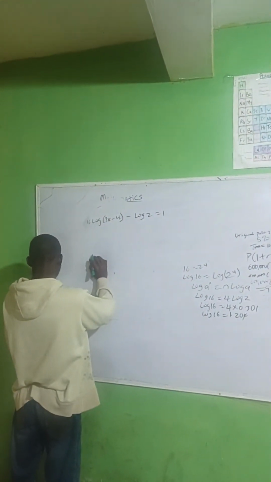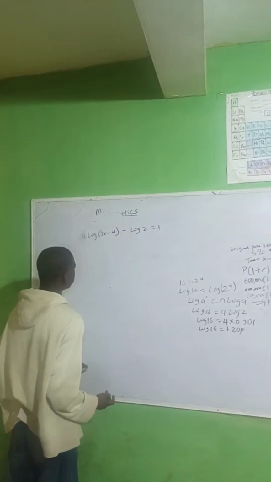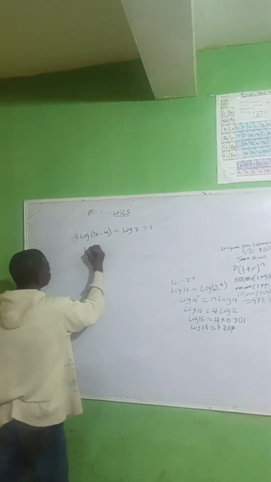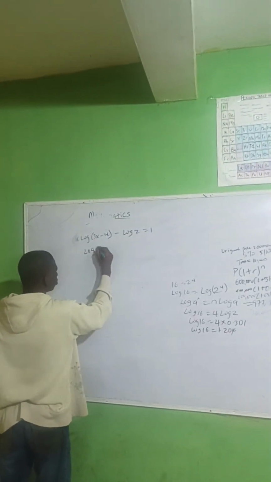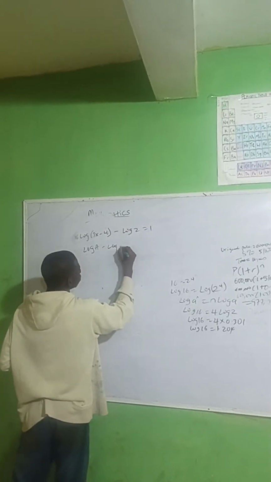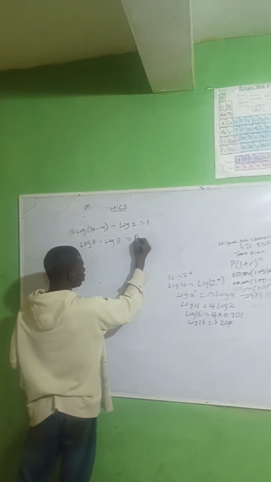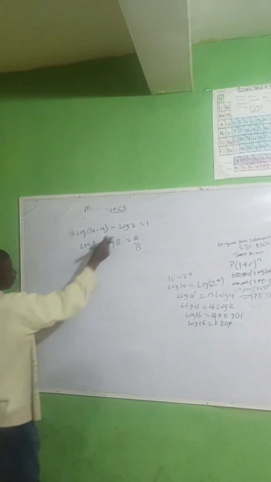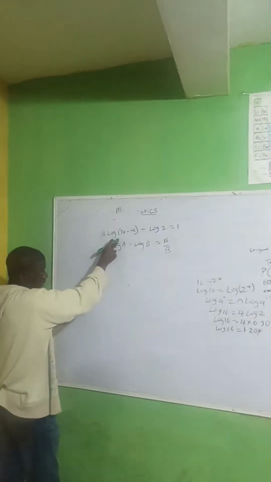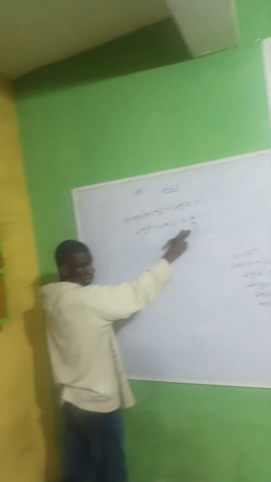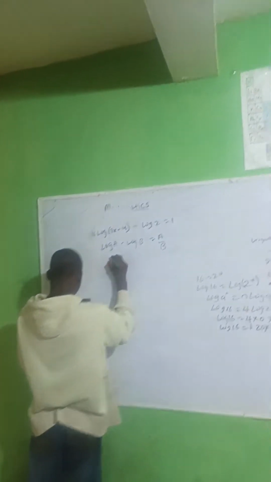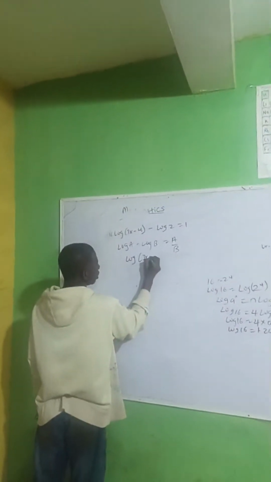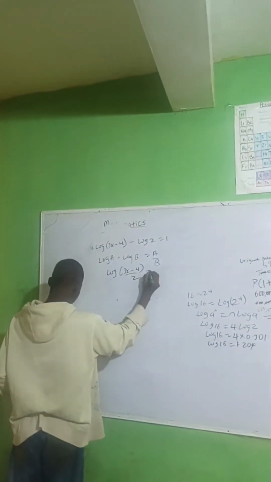So now we combine the logarithms together. There's a rule of logarithms that says log a minus log b is equal to log a over b. It's just like we are bringing this one under this one, because if you have subtraction, it's going to change to division. So it will be log of (3x minus 4) over 2 equal to 1.